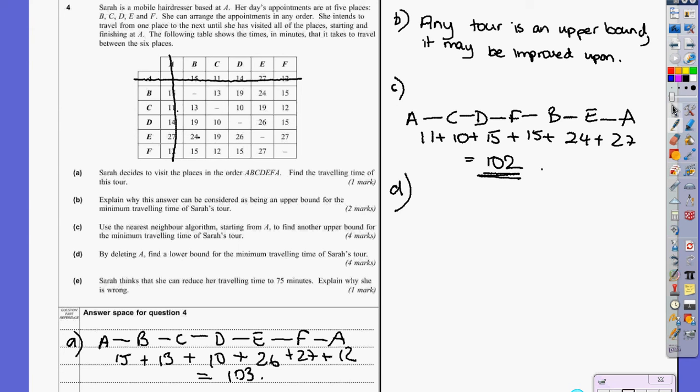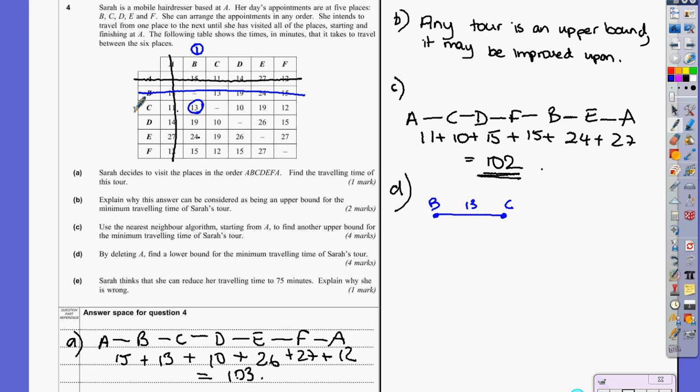table. So I'm going to start here at B, so I'm going to cross B out. From here, I look down here and I can see 13. So just to keep myself organised, I'm going to write B to C. Okay, and underneath, I'm going to do B to C, and I've got 13.